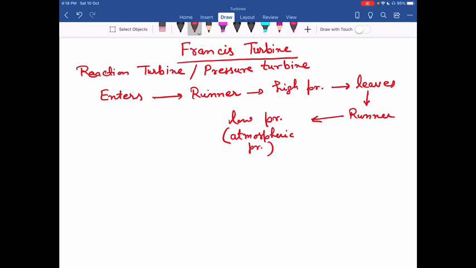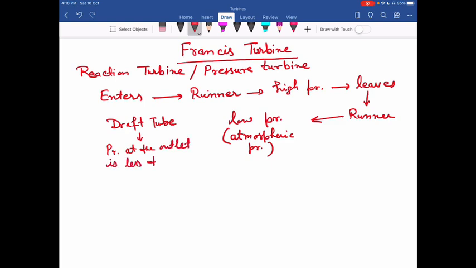Now, if we use a draft tube at the outlet of the turbine, then the pressure at the outlet is less than atmospheric. That pressure is less than the atmospheric pressure.